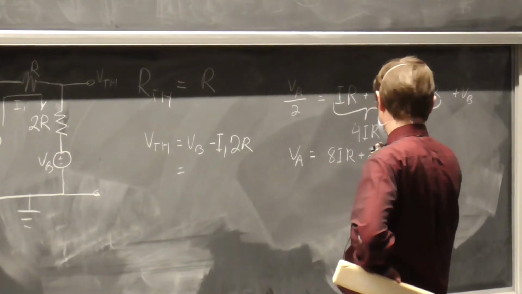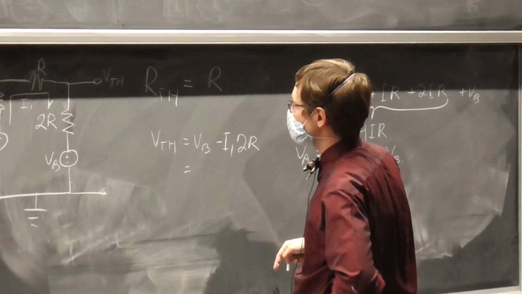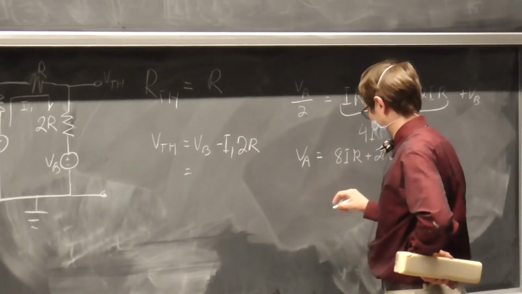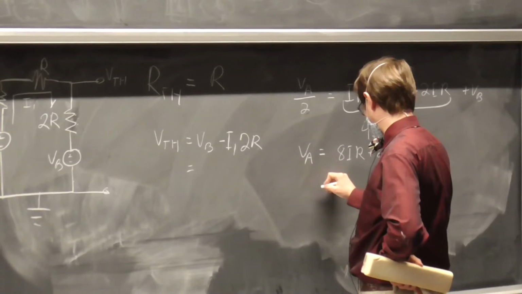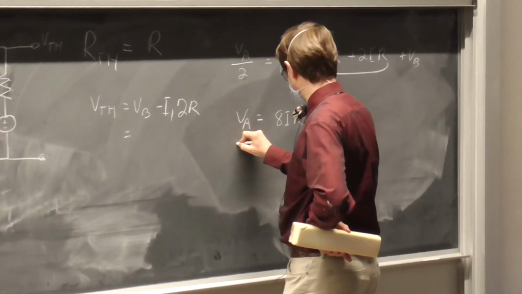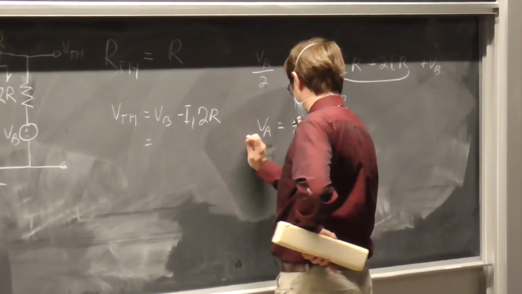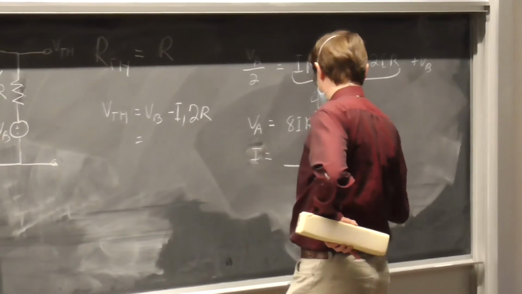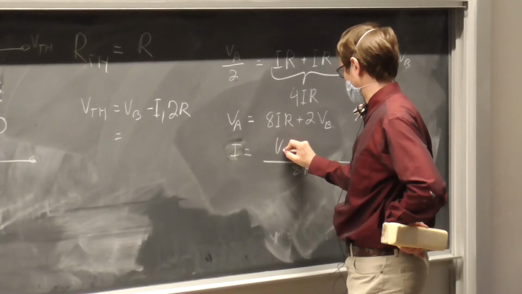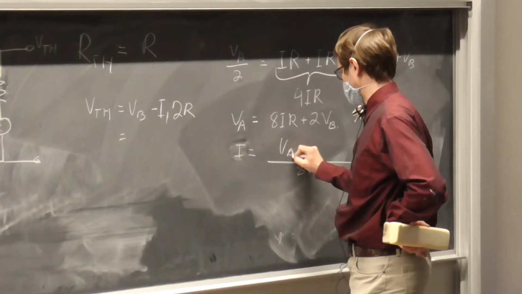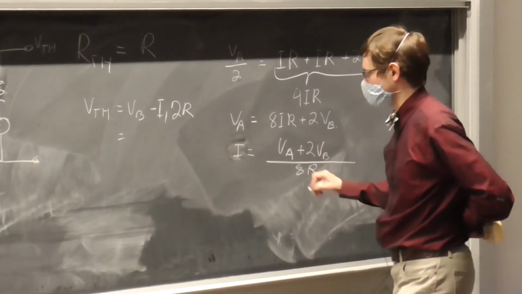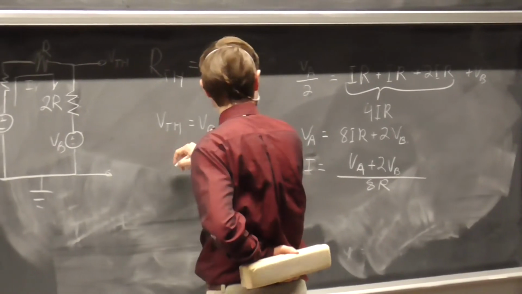So, isolate I. So I will be equal to over 8R, VA plus 2VB. So take that, sub it.